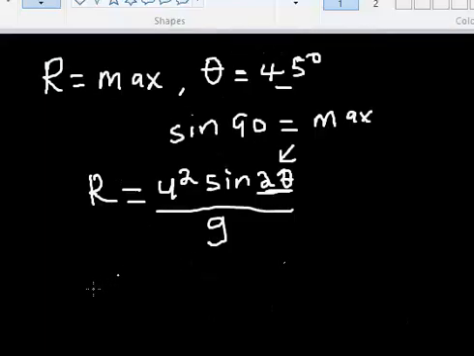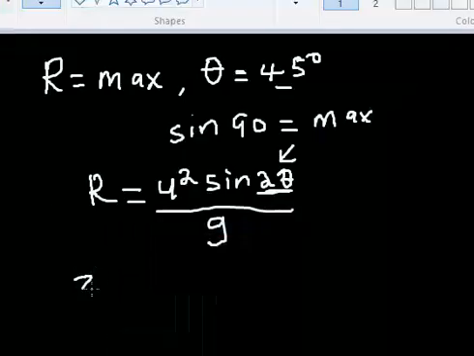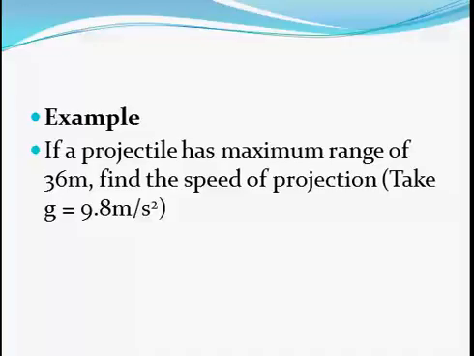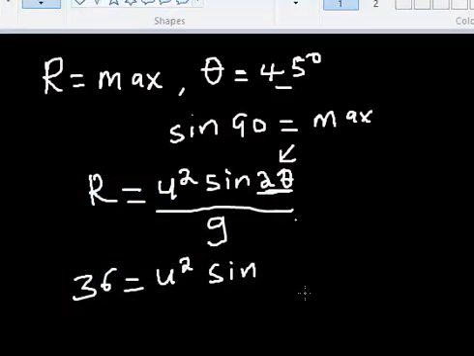Now let's look at what we do. We have the range being 36 equal to, since we are looking for the speed of the projectile, u square sine of 2 times theta, that's 2 times 45, then divided by 10.